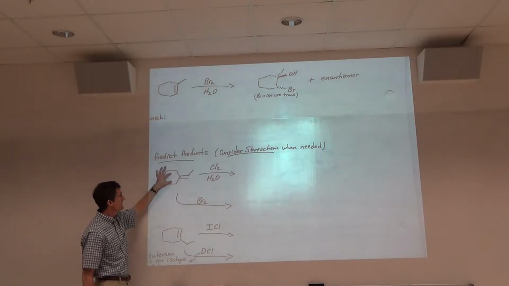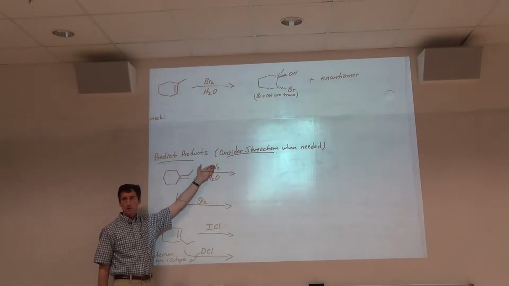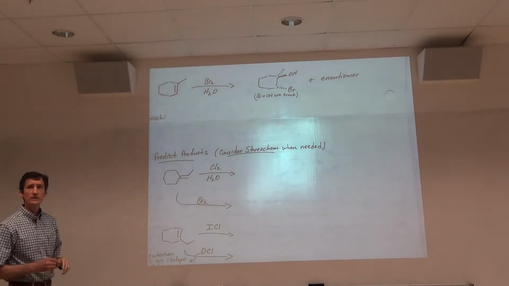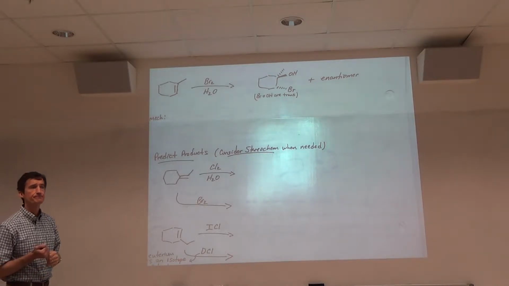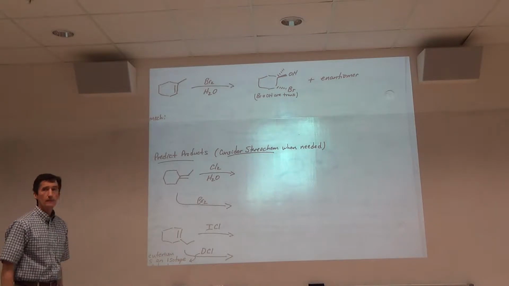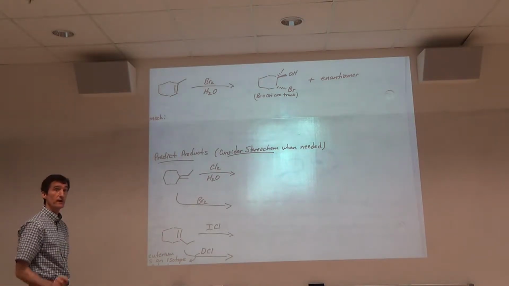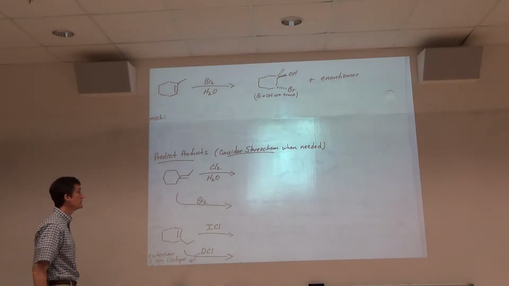Okay, we have an alkene, we have chlorine and water. Chlorine and water, what's that going to form? A halohydrin. Okay, we're going to have an OH on one carbon and a Cl on the other.